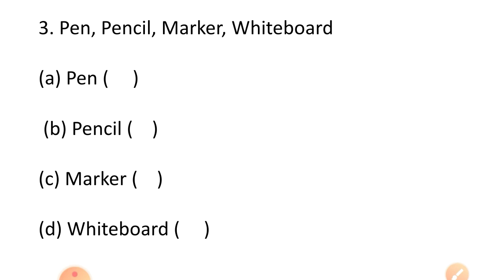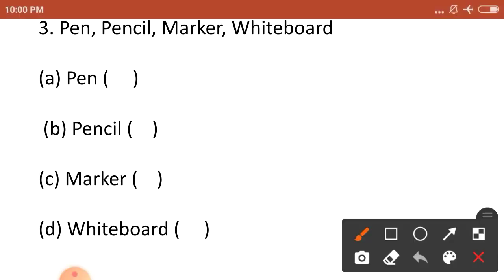Students, in the given options, pen, pencil and marker are the items used to write, while whiteboard is the item on which the 3 items are applied to write. So our correct option is option D, whiteboard.